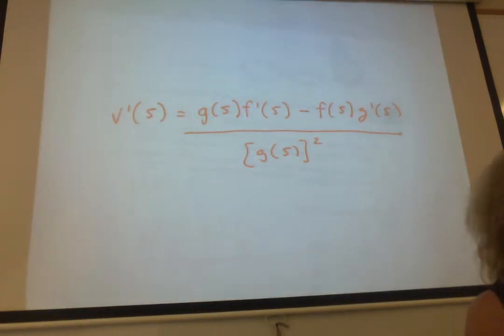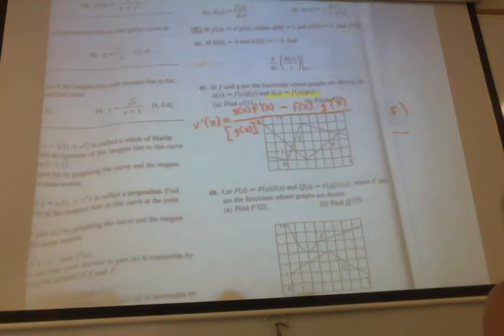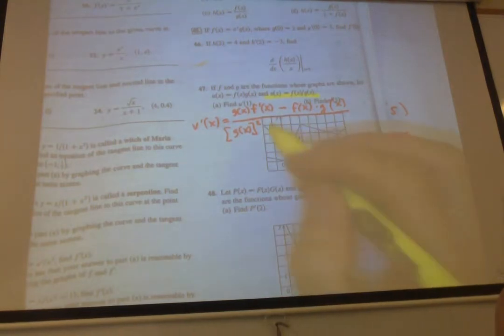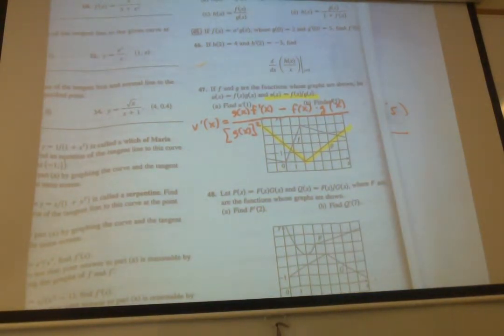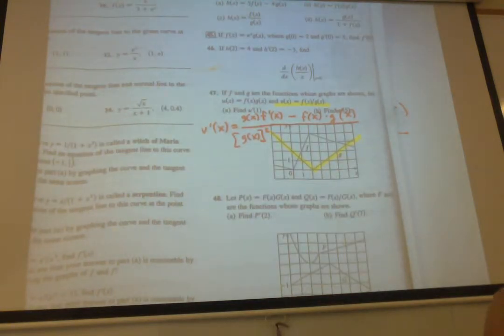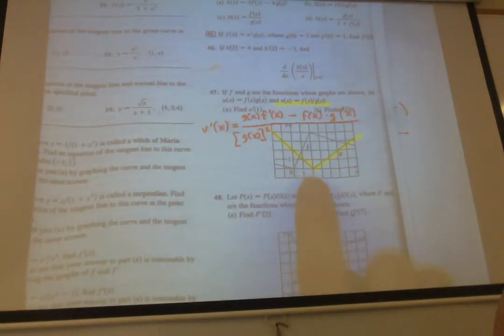So I'm going to go back to the graph, and I'm going to highlight g. Highlighters are always nice, I think. Okay, so where is 5? It looks like here's 1. So 1, 2, 3, 4, 5.